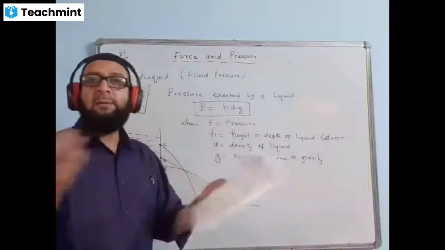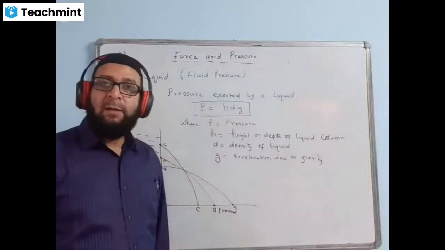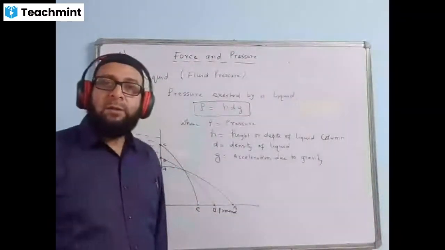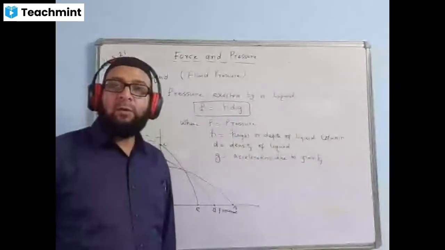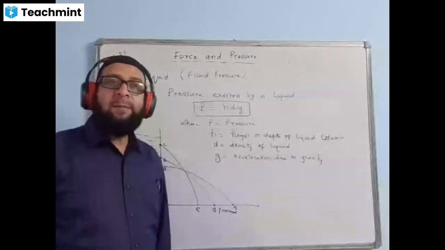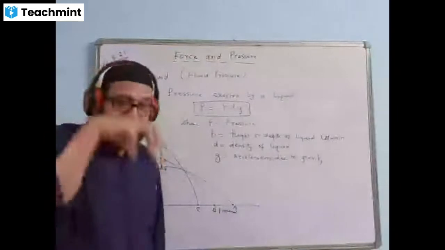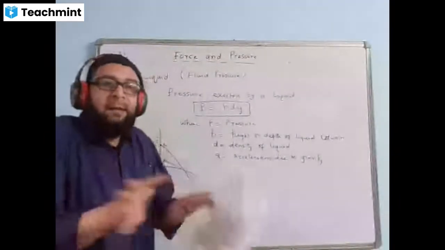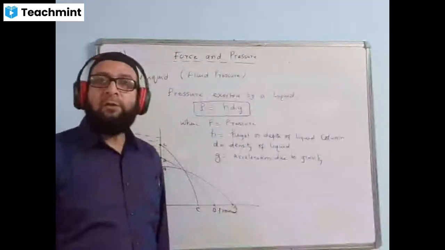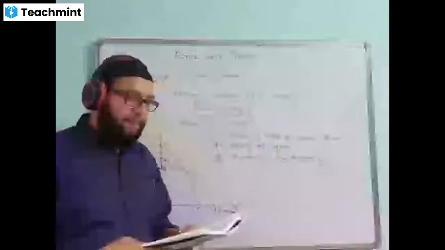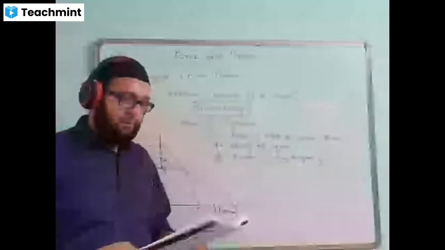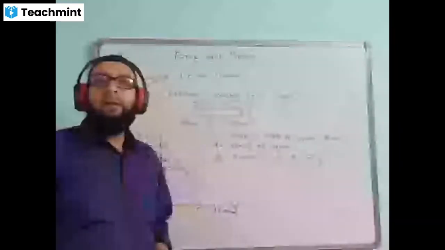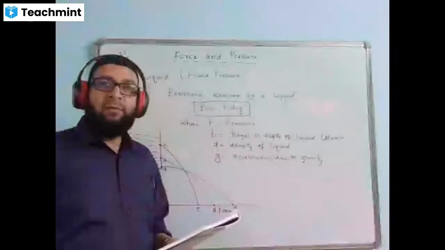The balloon bulges out. Why does it bulge out? Because the water is exerting pressure inside the balloon and making it bulge out. So this is the proof that the liquid exerts pressure at the bottom of a container.